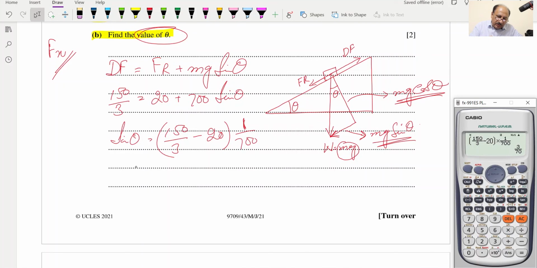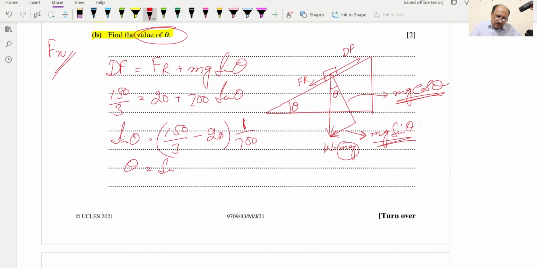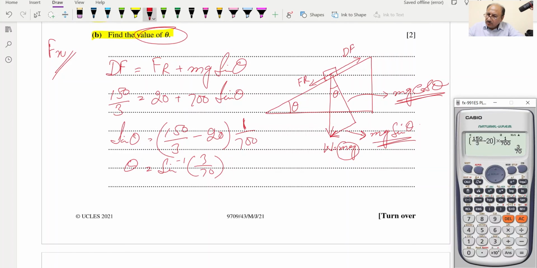So we can write theta is equal to sine inverse of 3 over 70. We can check with shift sine of this value. The answer is in radians, so we change the shift mode into degrees, and this will be equal to 2.457.